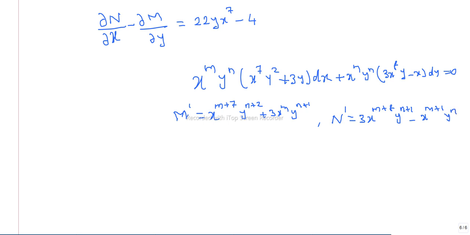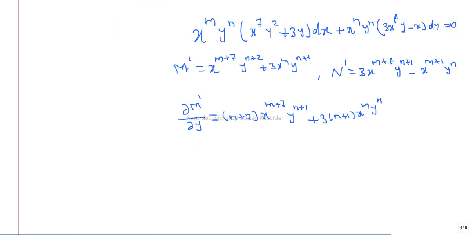Now this should be exact, therefore dou M dash by dou y should be equal to dou N dash by dou x. If we differentiate partially with respect to y, we have (n plus 2) times x power m plus 7 into y power n plus 1, plus 3 times (n plus 1) times x power m into y power n. This is dou M dash by dou y.